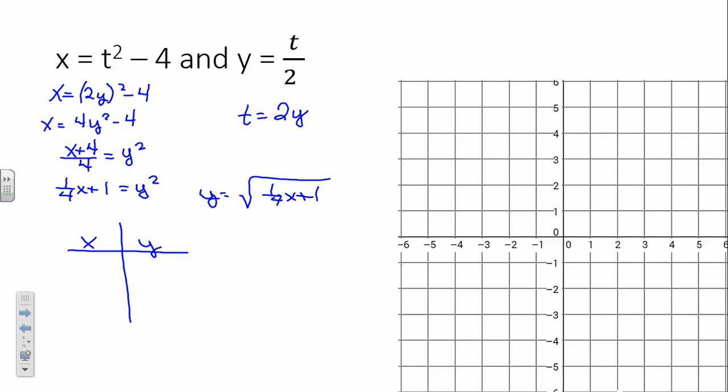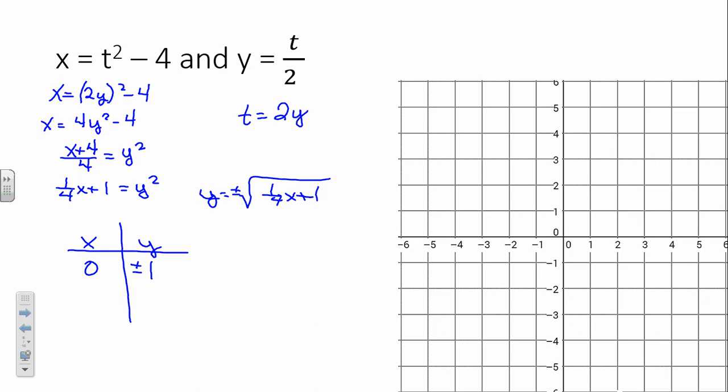Let's start with 0. 0 is always good to start with, right? Okay, when we plug in 0, we're going to get the square root of 1, which is 1. But is it positive 1 or negative 1? Plus or minus, because we needed to introduce that when we took our square root. Okay? What's another good number?